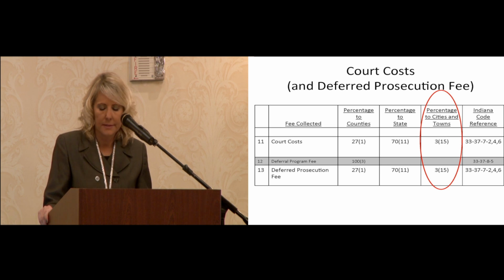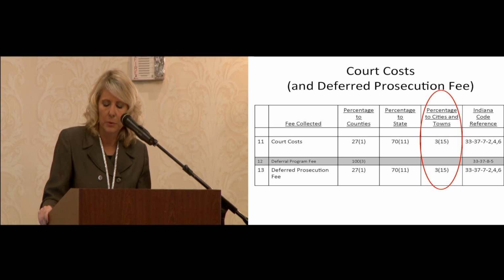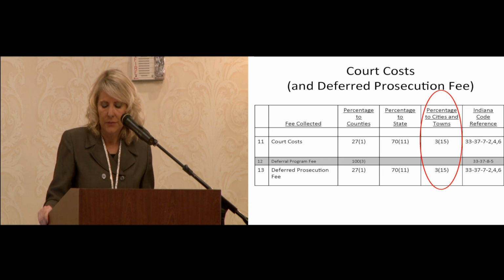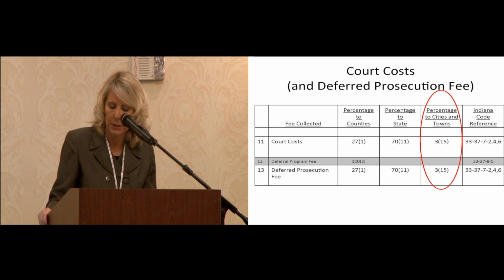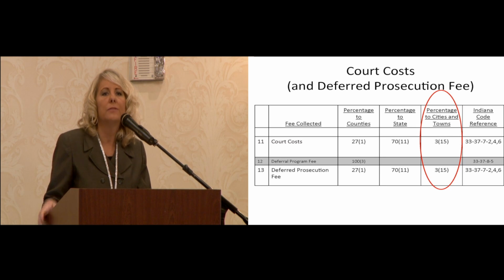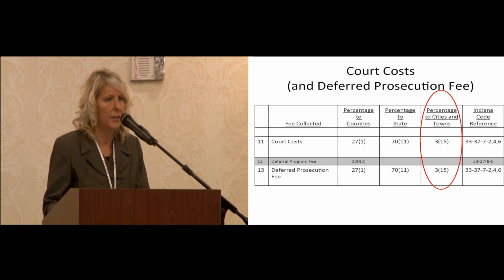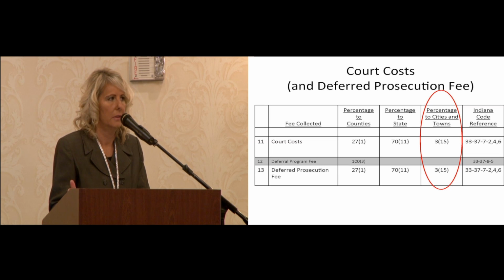What it says is that a city or town must maintain a law enforcement agency, and they have to prosecute at least 50% of their ordinance violations in a circuit or superior court in the county to qualify for a share of these funds. That's the hardest part, is figuring out who qualifies.